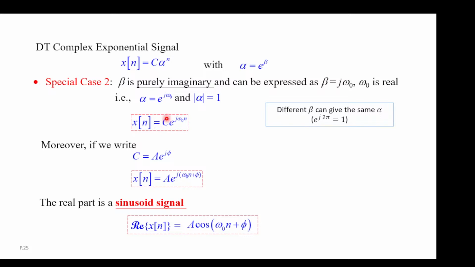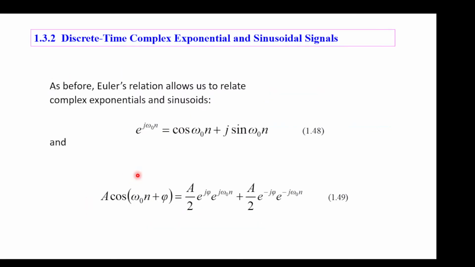If you think about c as complex, then you can write x of n equals A e to the j (omega n plus phi). And then you can take the real part to get the cosine function and the imaginary part to get the sine function. The sine and cosine transformation is similar, so let's ignore that for now.